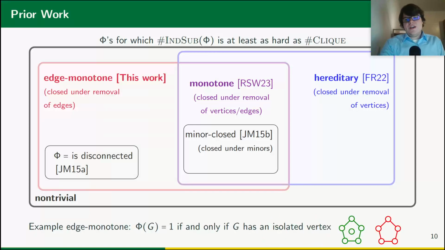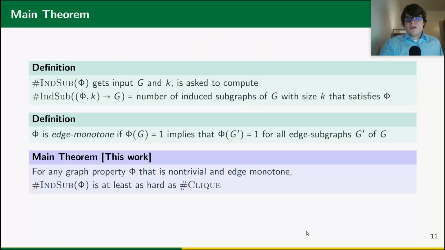And lastly, what we do in this work is to show the complementary result, and we show that this statement is also true if we consider edge monotone graph properties, meaning a graph property is edge monotone if phi of G is 1 also implies that phi of G' is 1 for all edge subgraphs G' of G. So, for example, being isolated is an edge monotone graph property.